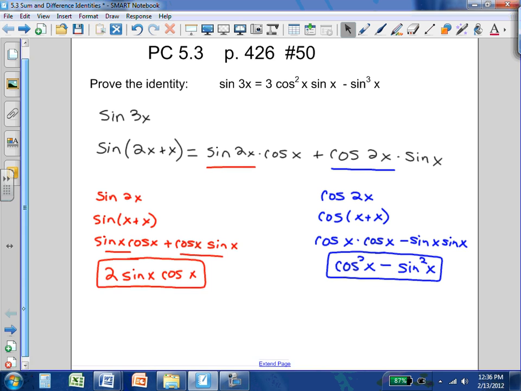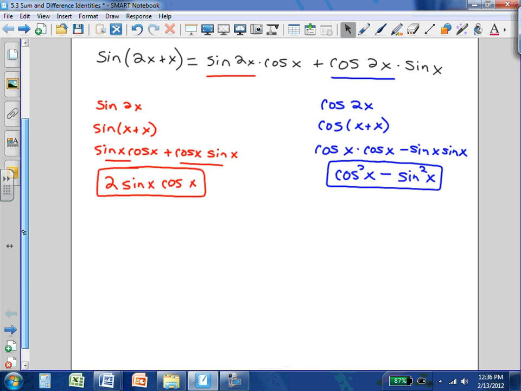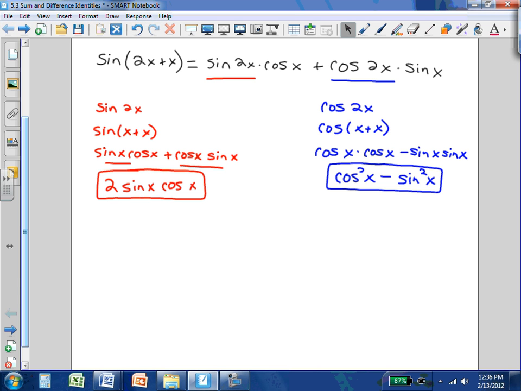So let's go down here a little bit, extend the page, and adjust. Now, I'm going to take my original line that you see at the very top of your screen, and I'm going to replace what's in red with what we have in red, and what we have in blue with what's in blue. So then, basically, we'll have the sine of 2x plus x is really equal to 2 sine x cosine x.